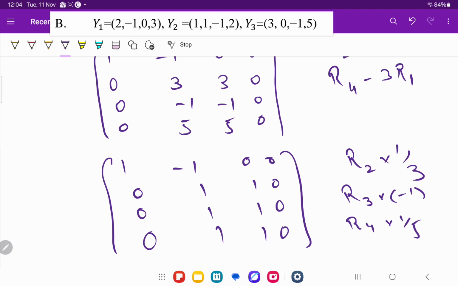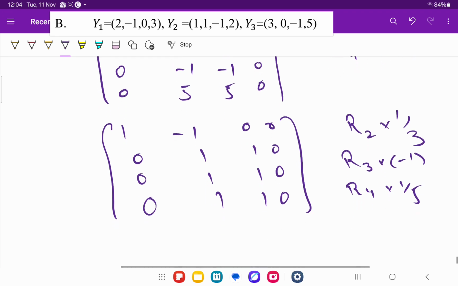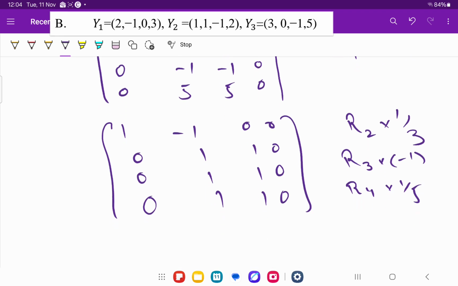So always remember one point. Okay, always remember in matrix manipulations or operations, when multiple rows are equal, if they have become equal, what is to be done?